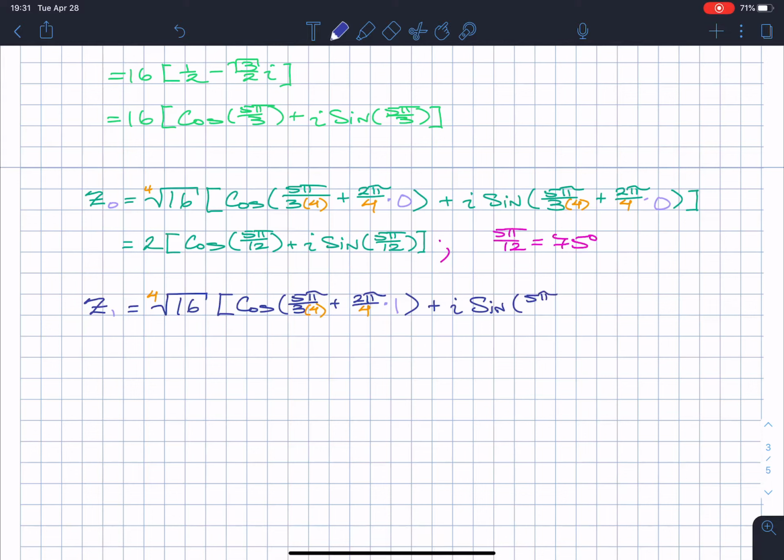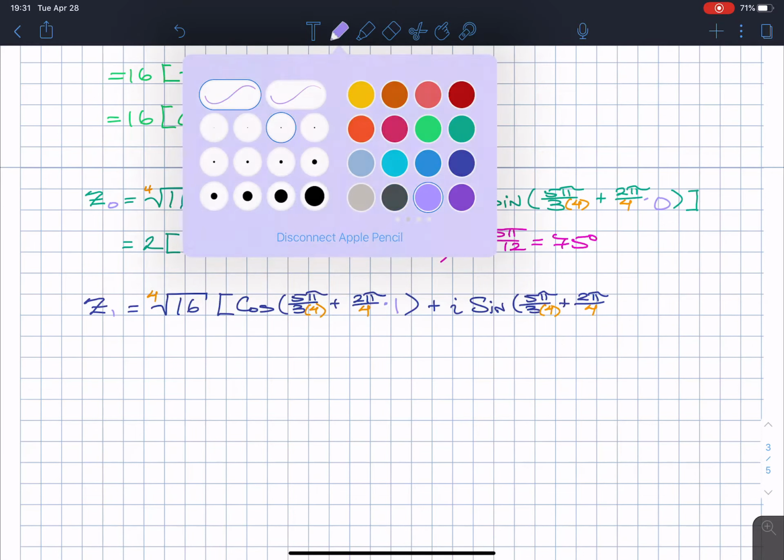So 5 pi over 3 divided by n plus 2 pi divided by n, where n is 4, because these are fourth roots we're looking for. And the subscript k this time is 1.